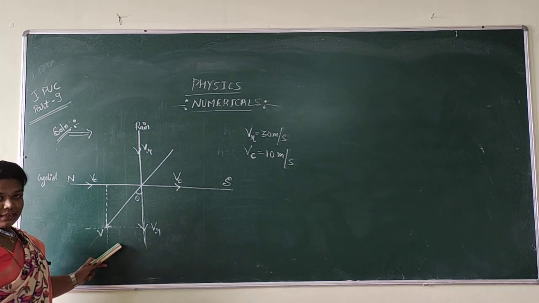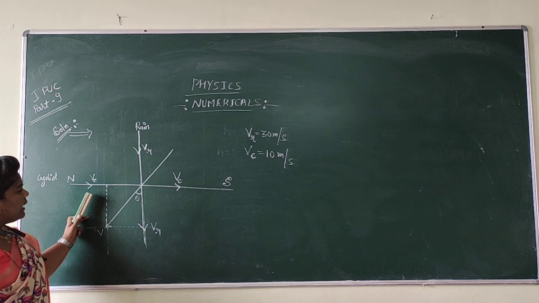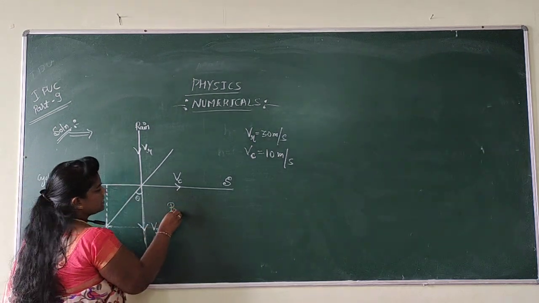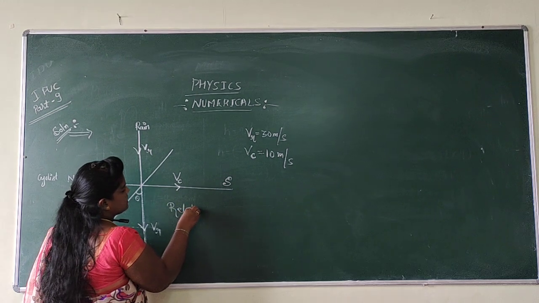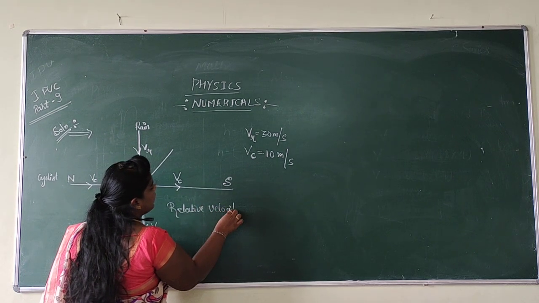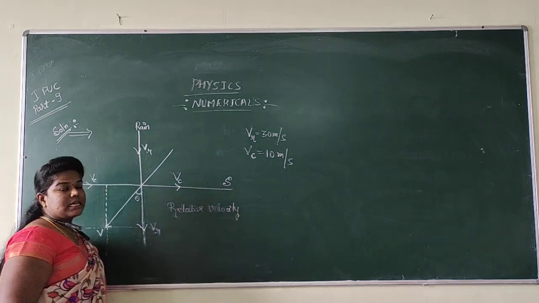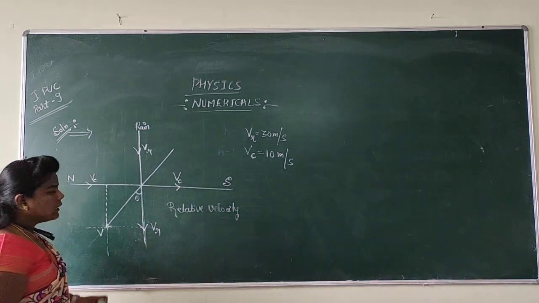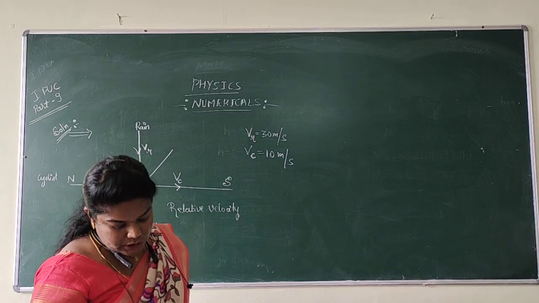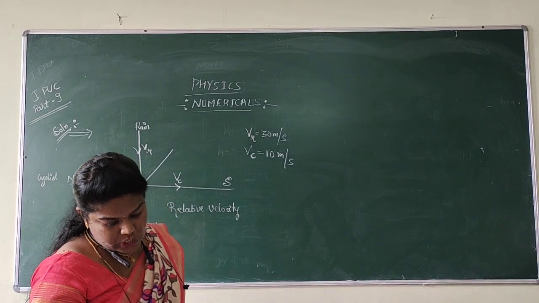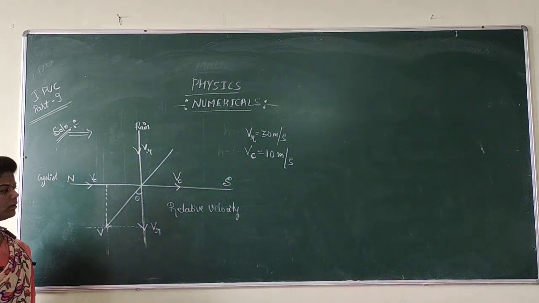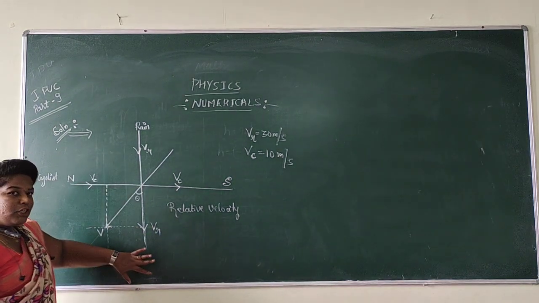My dear students, it is a numerical which is based on relative velocity. Why? Because relative to the velocity of the rain, relative to the speed of the cyclist, that girl should hold the umbrella. That is what the question has given. You can observe what is the direction in which the girl should hold her umbrella. Then what should we do now?